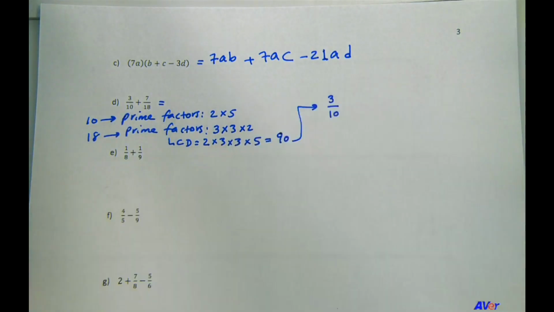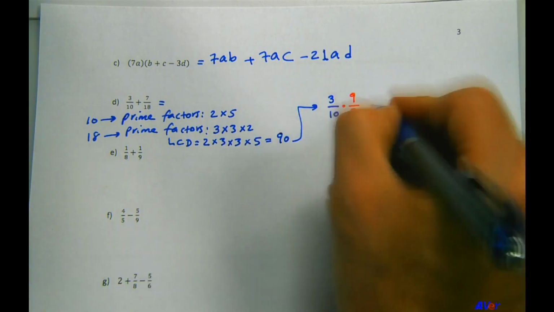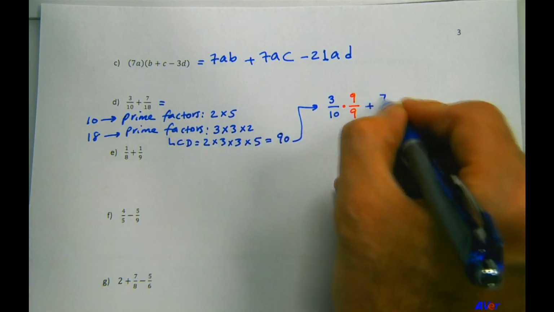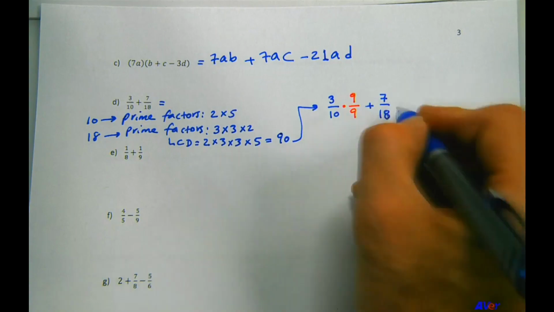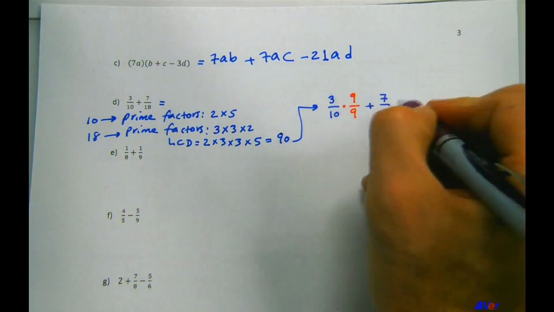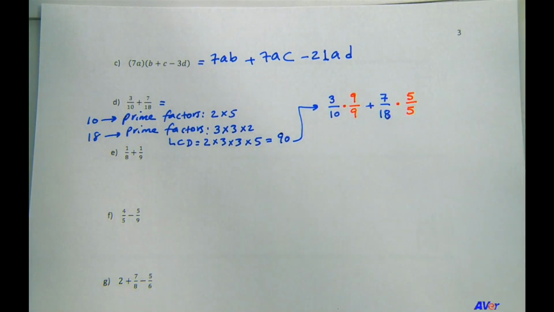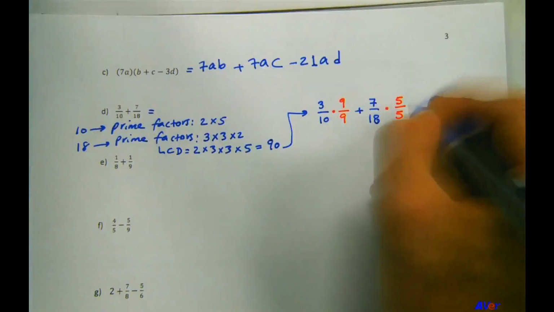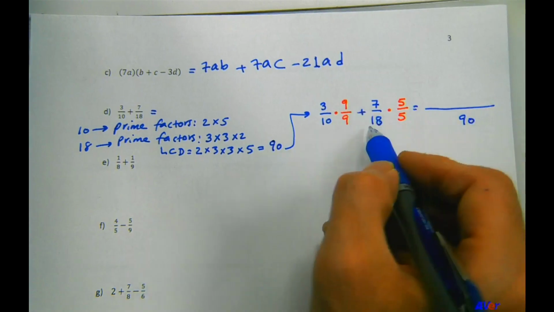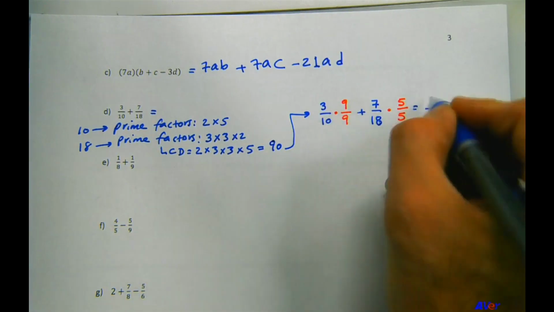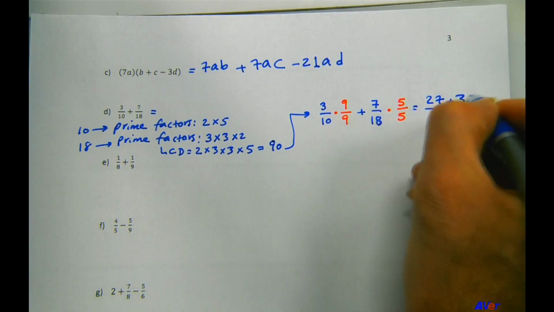So 3 over 10, we multiply it by 9 over 9 plus 7 over 18. To get this denominator to become 90, we multiply it by 5 over 5. Okay, so then what do we have? We're going to have 90 as our common denominator, but now we're going to have 3 times 9, or 27, and 7 times 5, or 35.